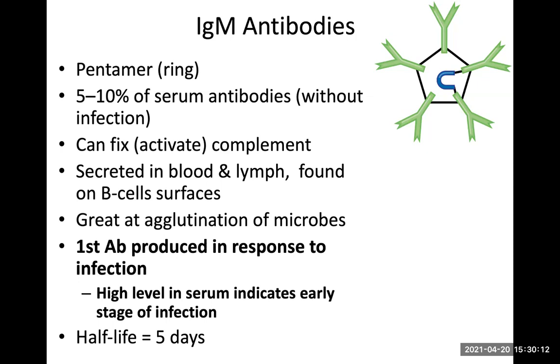So this is the first responder, the first antibody made in response to infection, and its primary job is to agglutinate microbes. Let's get all of those microbes together in a clump so they can stop infecting you. You can find it in blood, lymph, and even on B cell surfaces.